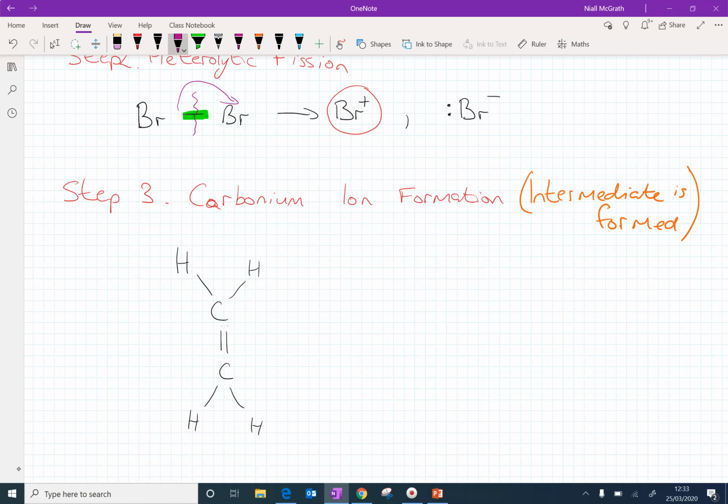That's why the Br plus is the first one to be added. So this Br plus is going to be coming in close proximity to it, and one of these bonds is broken, if you like. And then we come out with this structure.